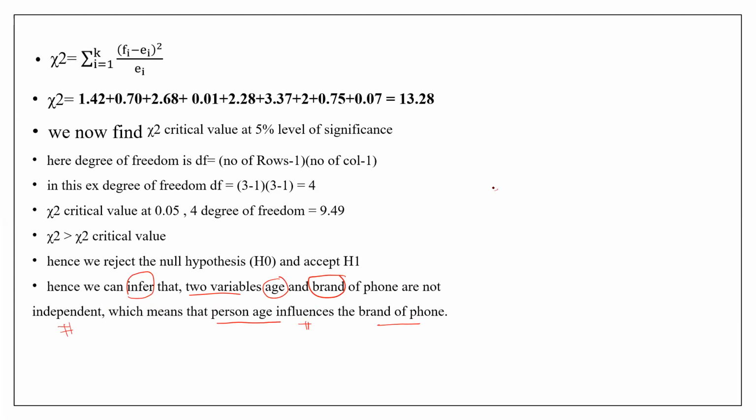If the person is 20 to 30, they have some popular brand phone for this particular age group, and if the age group is 30 to 40, they have some other popular brand. So the person's age and the brand of the phone are dependent on each other. This is what the test of independence tells you.